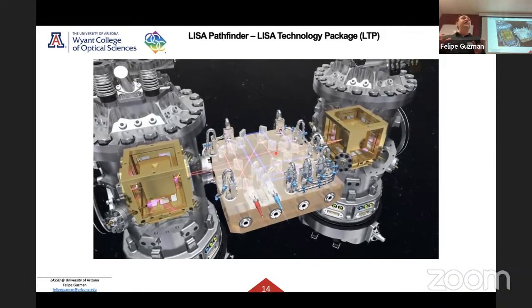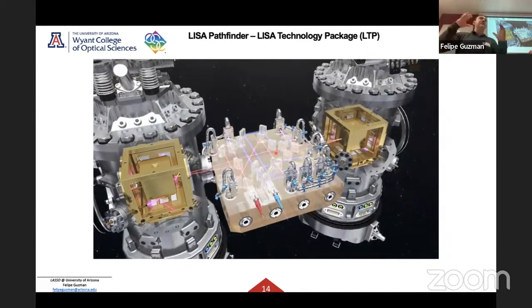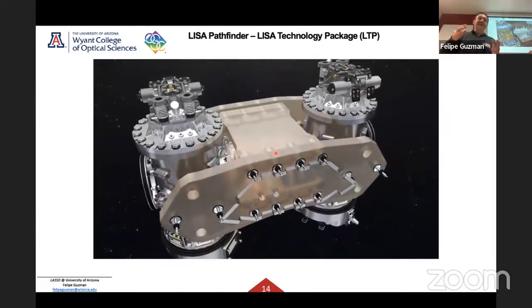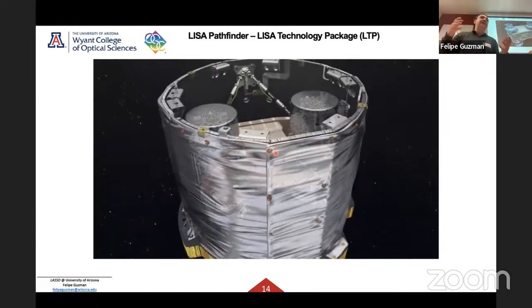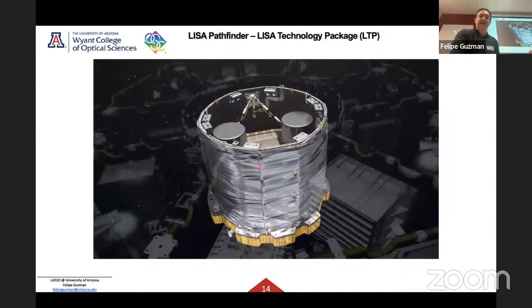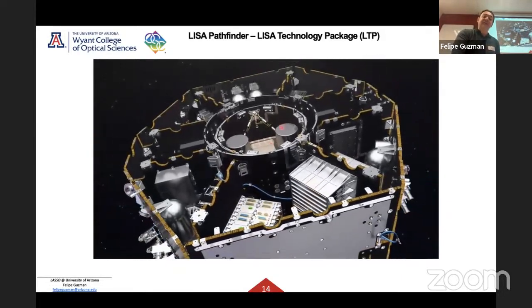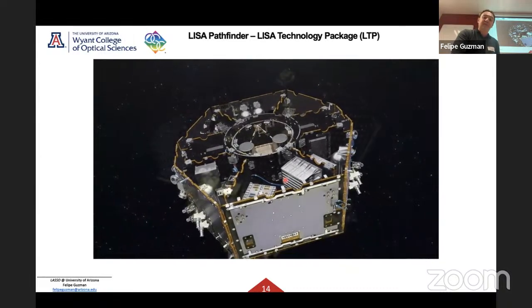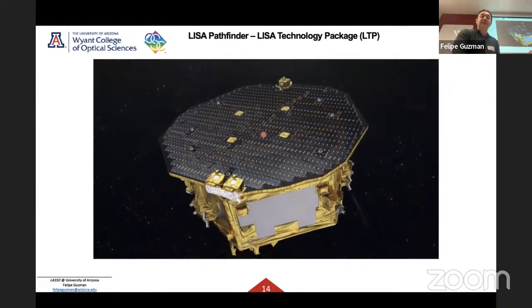Each test mass is enclosed in vacuum enclosures. That is basically just to shield it from any impurities and dirt that flies with the spacecraft. That would be a problem in those systems. The entire experiment sits at the center of the spacecraft. All the other instruments are around, solar panels here on top.